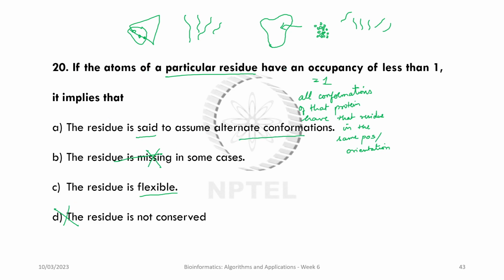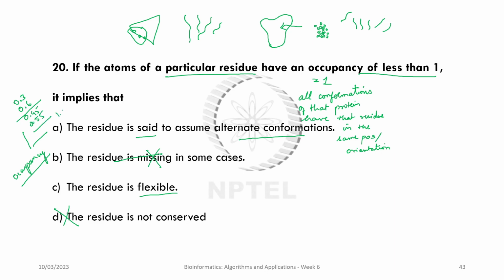If the atom of a particular residue has an occupancy less than 1, when you're talking about occupancy, you're looking at, is this how my protein or this atom is in all structures, or is it distributed? Is it 30% in one mode, 60% in something else? Is it 45% in one and 55 in something else?